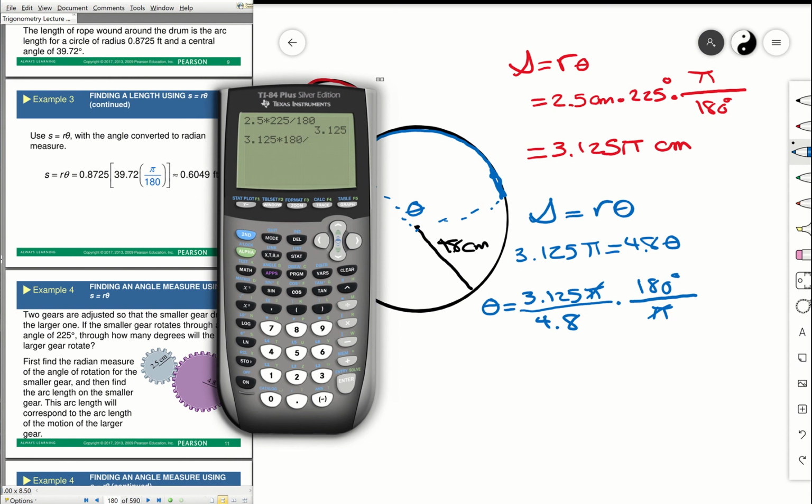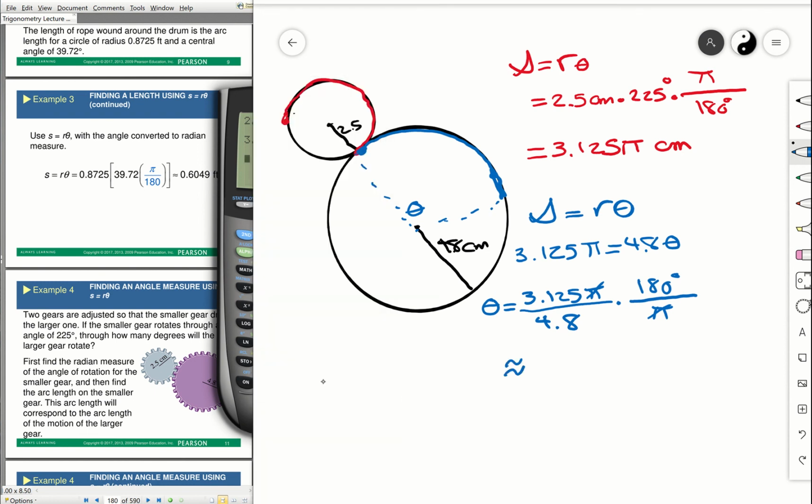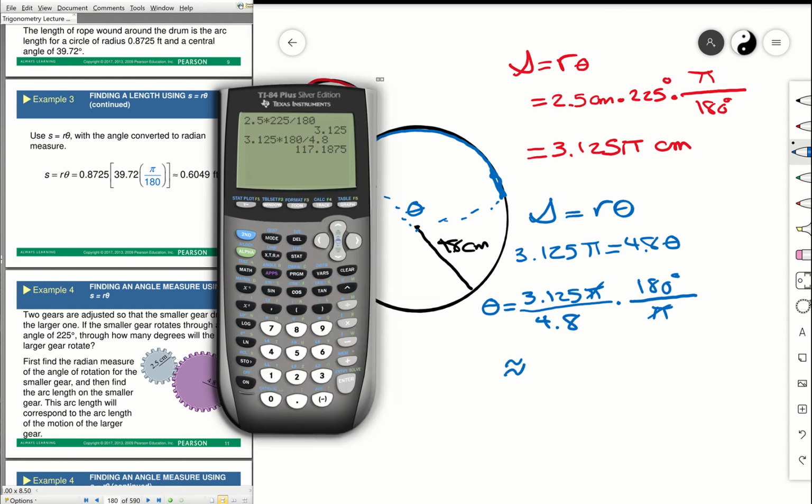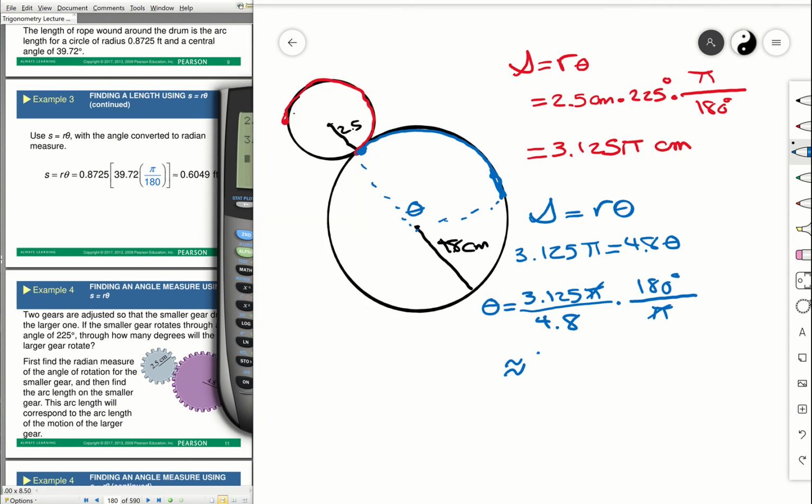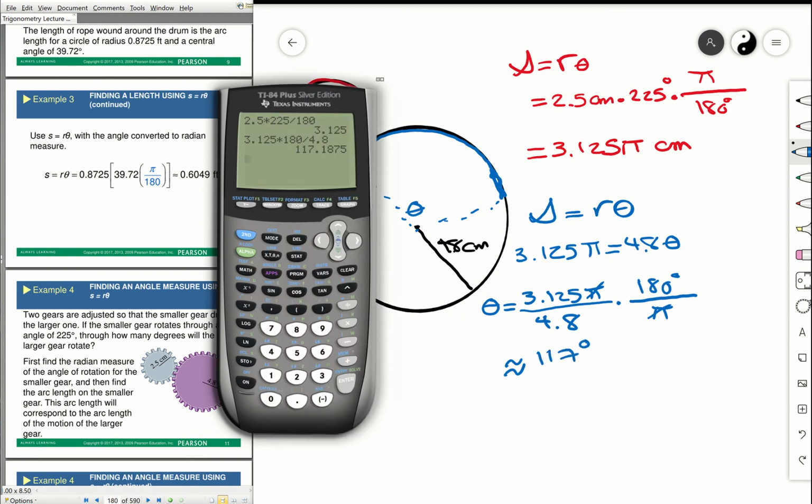We just go divided by 4.8, and we get approximately, to the nearest degree, 117 degrees.